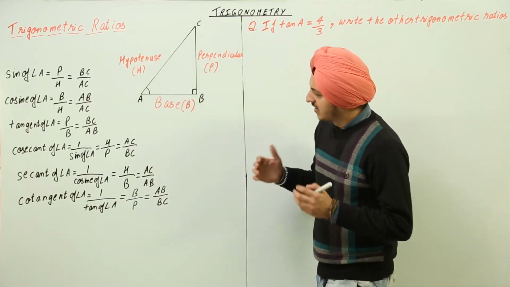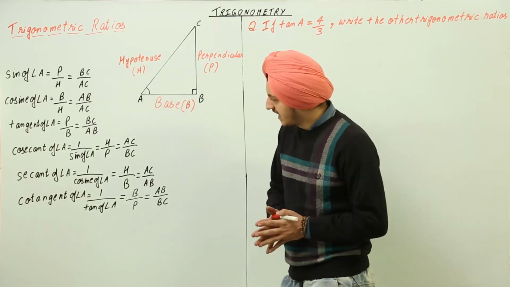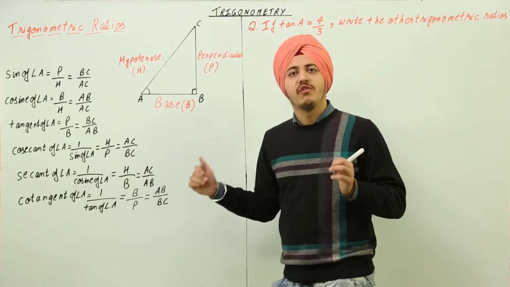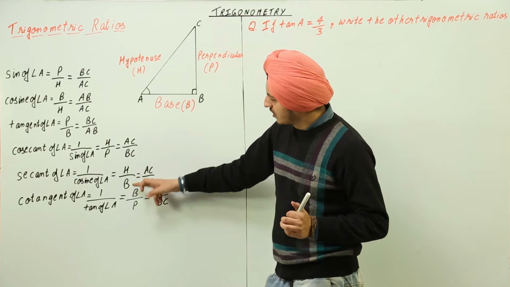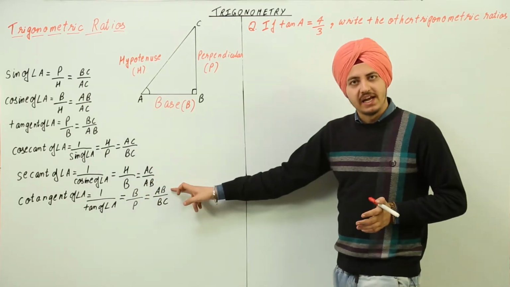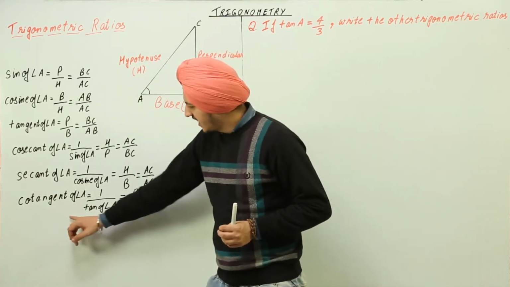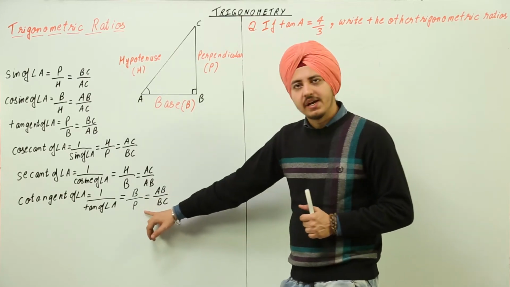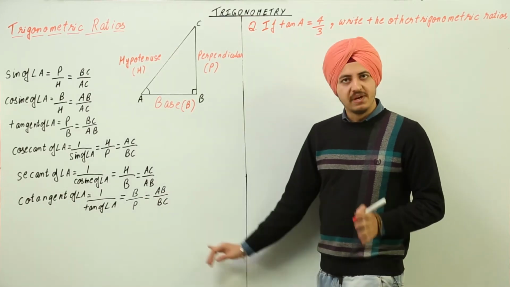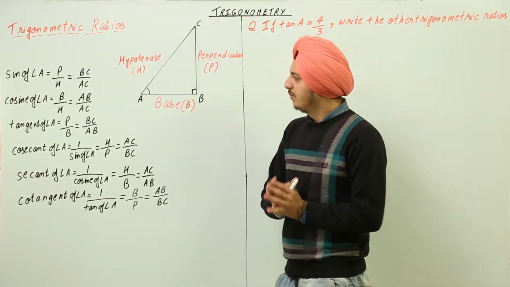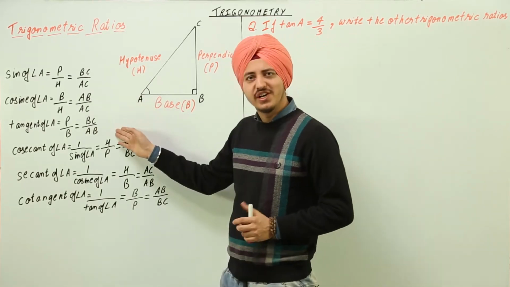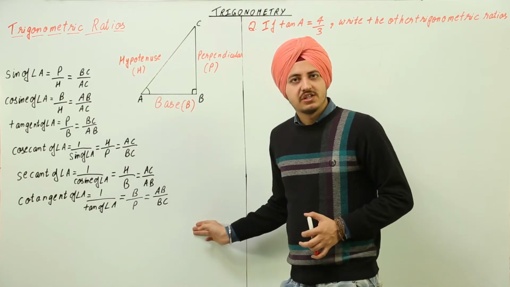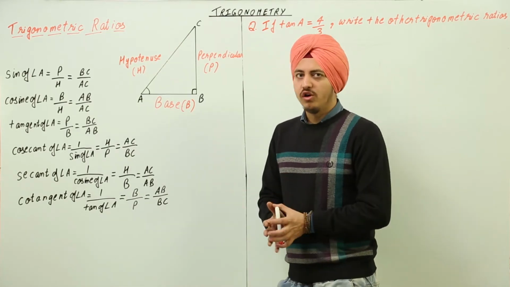Secant is the reciprocal of cosine, and that is hypotenuse upon base, AC by AB. Same way, cotangent is the reciprocal of tangent, and that is base upon perpendicular, AB by BC. So as I told you, you just have to remember the first three ratios, and the next three are just the reciprocal of those.